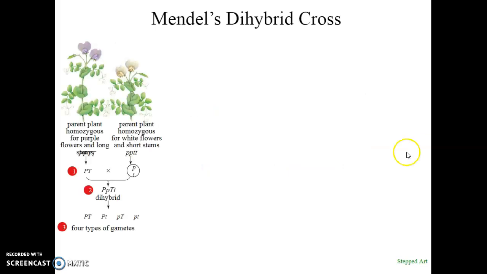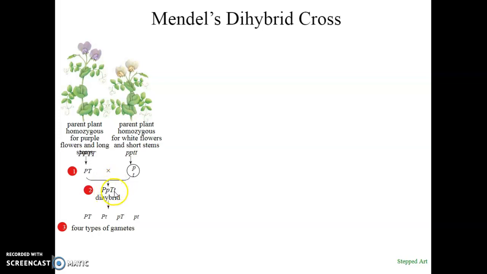So again, visually, you're crossing two different plants. Tall purple flowers, short white flowers. This is the pure recessive and the pure dominant. And then this is the dihybrid, this is the next generation.